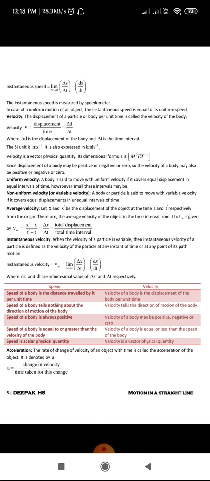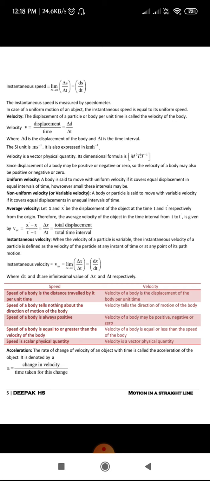Next, fourth: speed of a body is equal to or greater than the velocity of the body, whereas velocity of a body is equal to or less than the speed of the body. Why do we say that speed is equal or greater than velocity? Because velocity always depends upon the displacement.